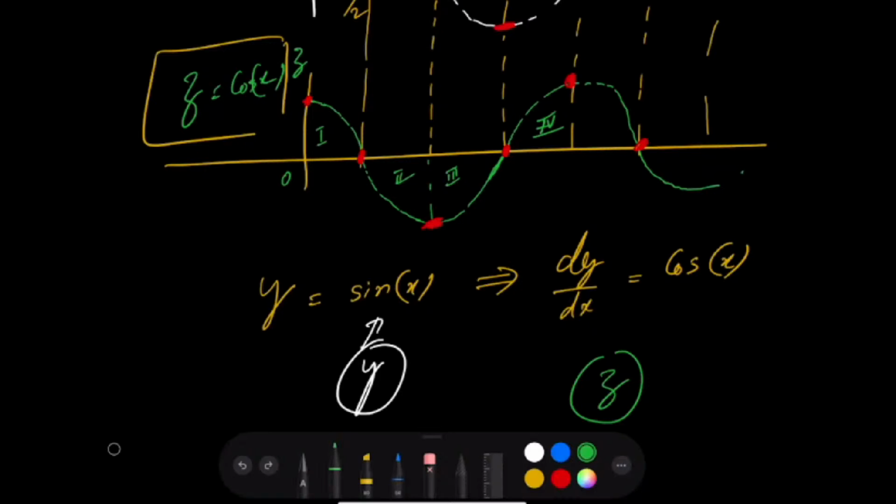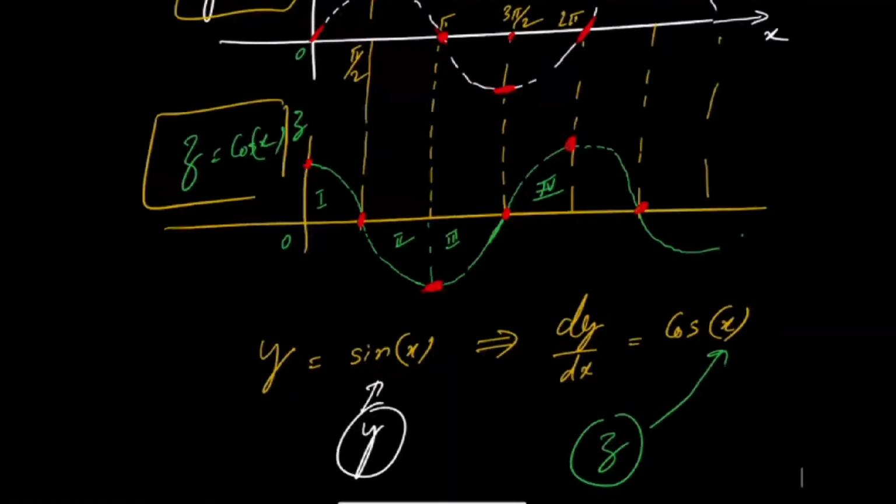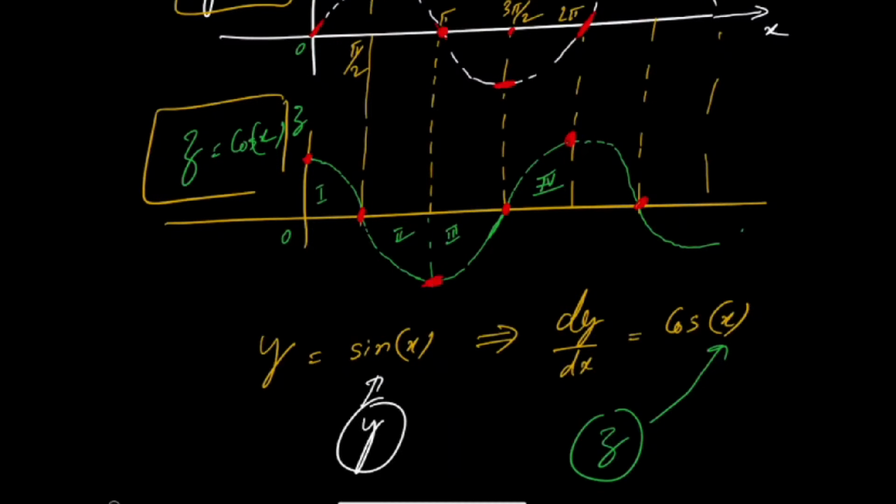That means the slope of y is equal to the value of z. Why? Because z is the derivative of y. So the derivative of y is the slope of y, which is equal to z.